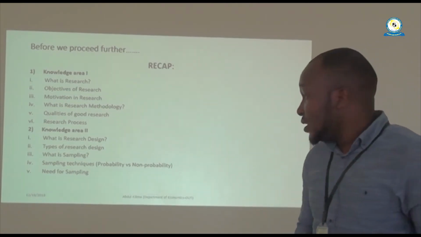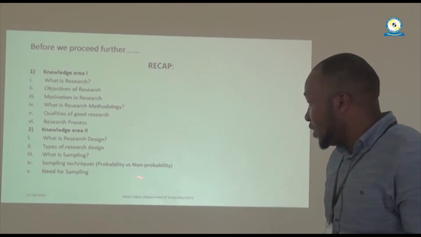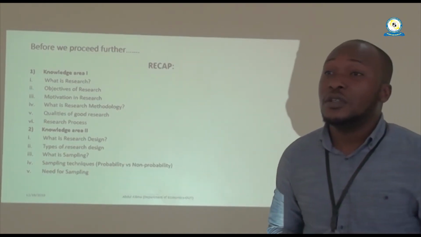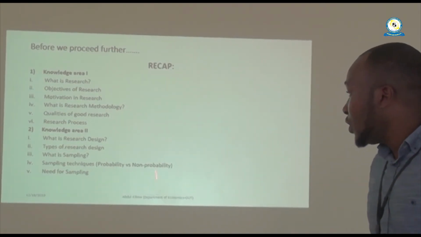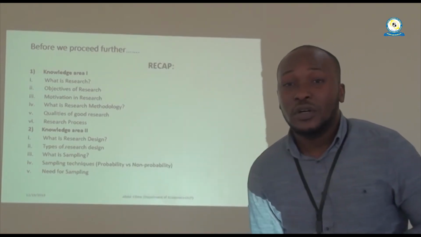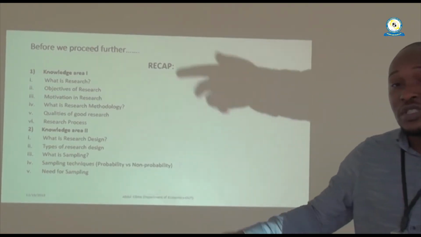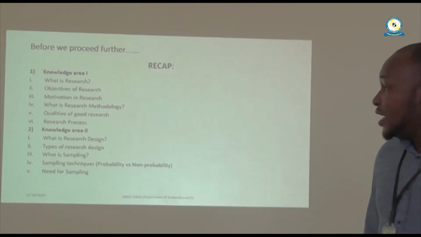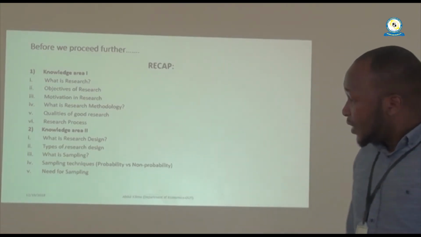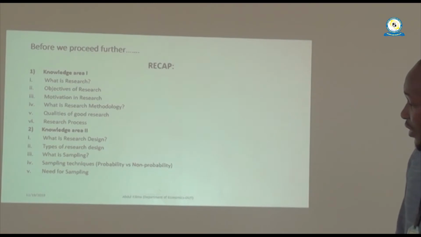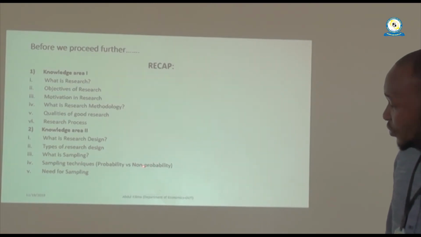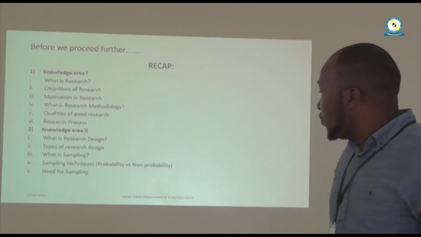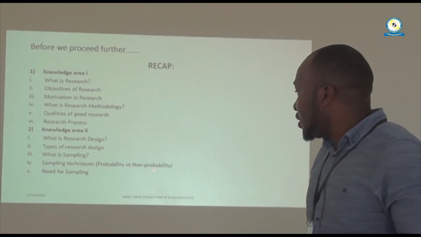Okay? And the last type of non-probability sampling that we looked at was snowballing. We said that when you throw a ball in the snow, it goes about and gets bigger and bigger. It simply means in non-probability sampling, doing snowballing, sometimes you don't have full information of your population.